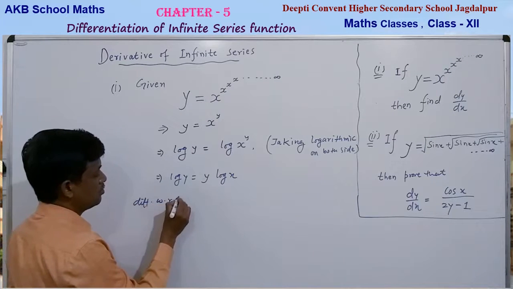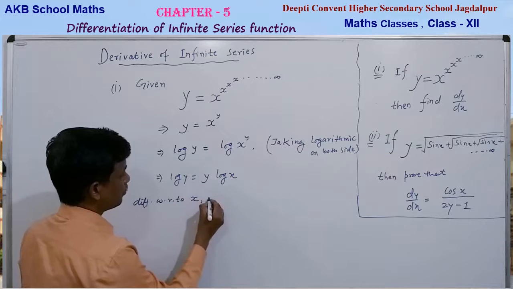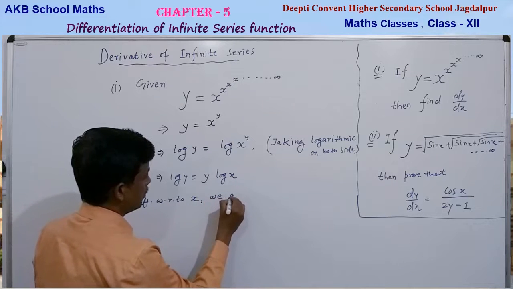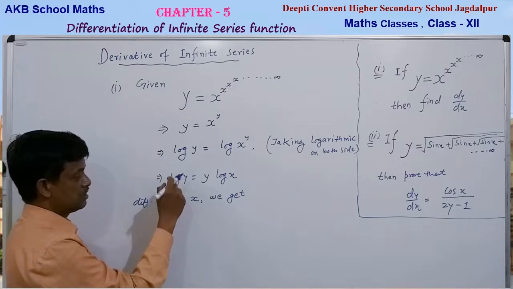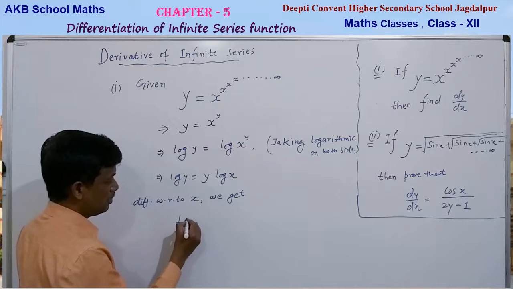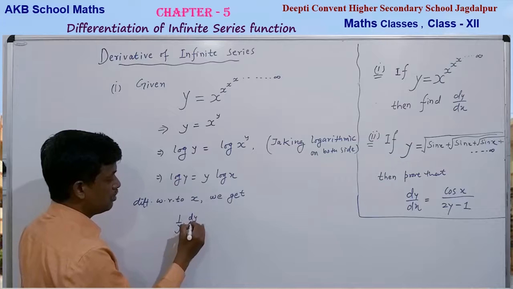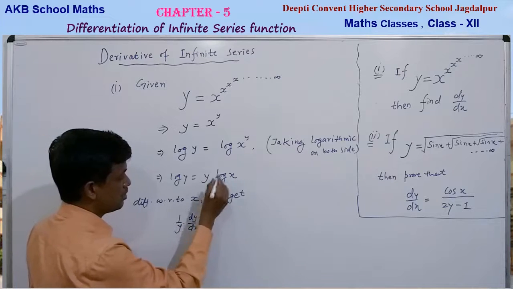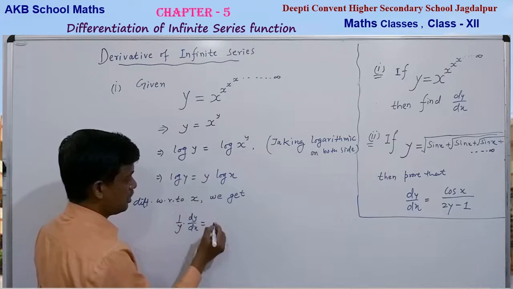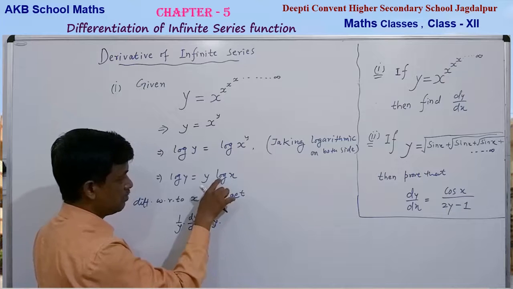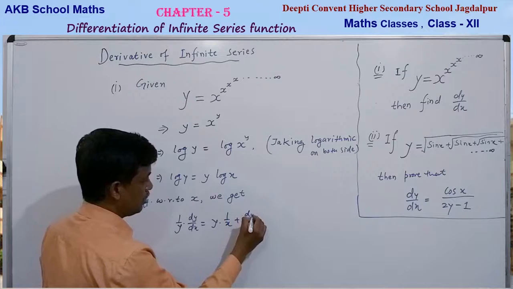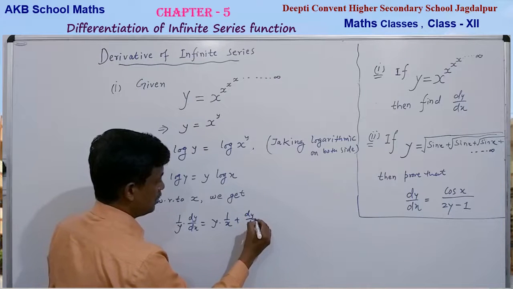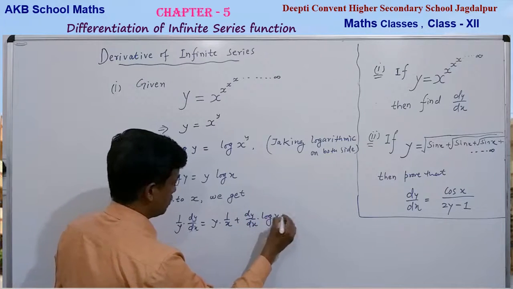Differentiating with respect to x, we get first of all 1 upon y times dy upon dx equals, here is a product of two functions: first function y, times the derivative of the second function log x, which is 1 by x, plus the derivative of the first function dy upon dx into the second function log x.